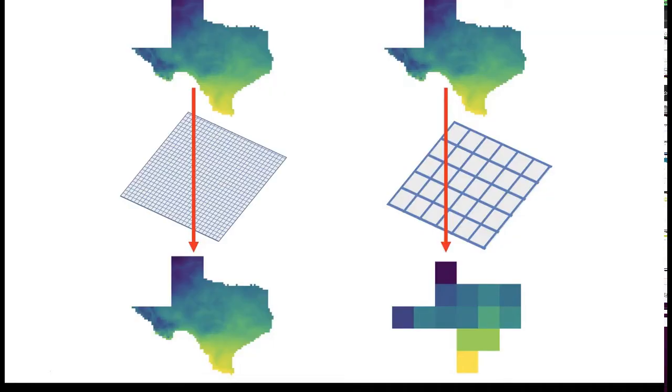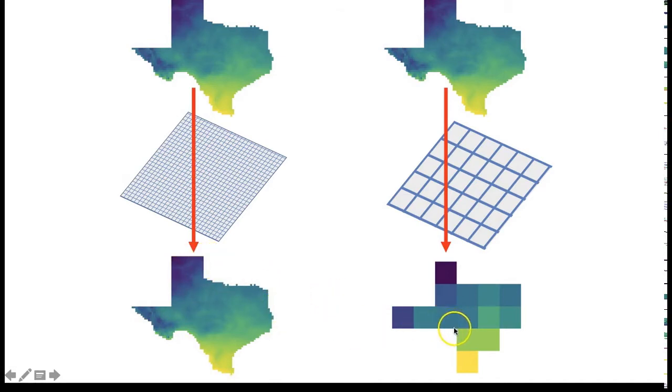Now we circle back to this idea of resolution. We are going to find out what the resolution is of our two raster layers. Are the layers high resolution or higher resolution, such as this image of Texas over here?